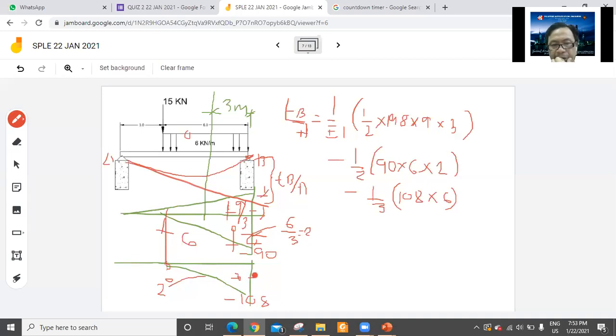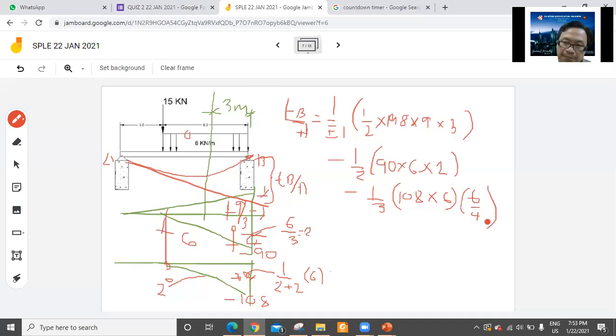If the triangle is 1/3, this one is 2, that is 1 over n plus 2. So 2 plus 2, or 4. That is 1/4 of 6. So this one is times 6 over 4, or 3/2.